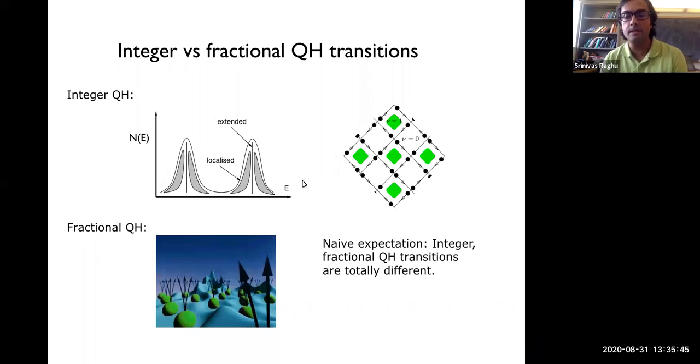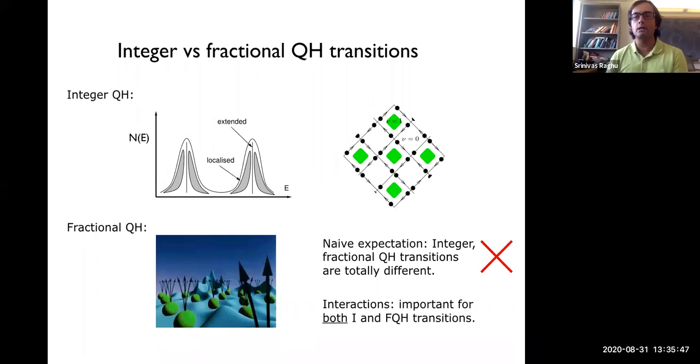Now that turns out to be too fast. The fallacy underlying that reasoning is that interactions are important even for the integer quantum Hall state and phase transitions involving it. So it's not obvious that this is a free theory, and this is certainly an interacting theory. Because this system also requires interactions, they can in principle be in the same universality class.